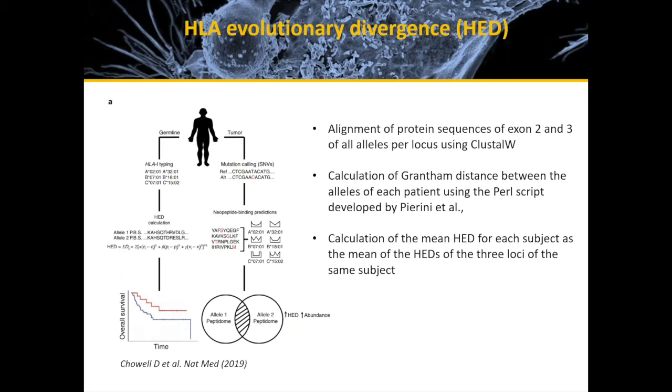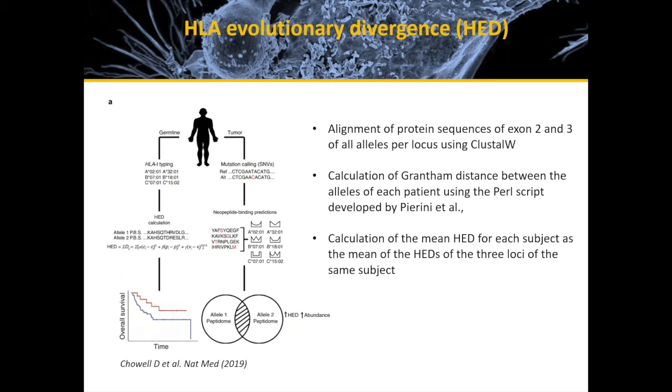Then we calculated Grantham distance as a measure of HLA evolutionary divergence. Grantham distance is a global metric for evolutionary divergence of two peptides, which takes into account the differences in the amino acid composition of two aligned peptide sequences.